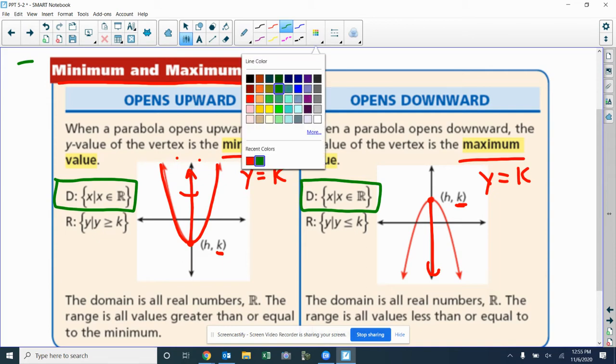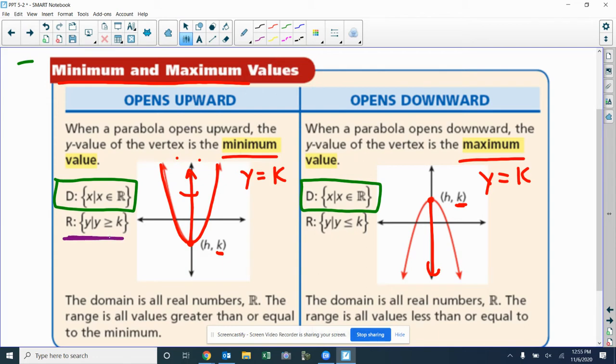The second part is our range. Our range is my y. So if this parabola opens up, my y values are going to start at this k and do what? Be what? Greater than or equal to. So all my range is going to be y such that it has to be greater than or equal to k.